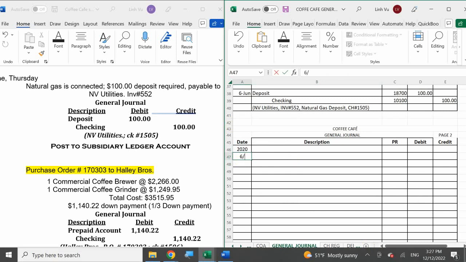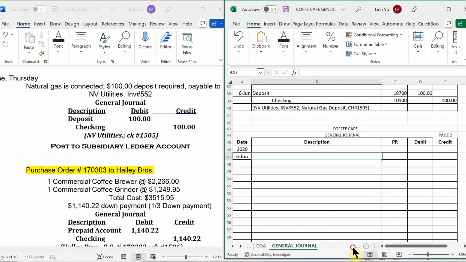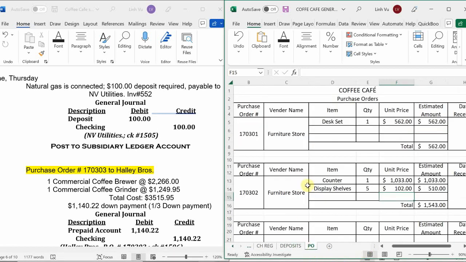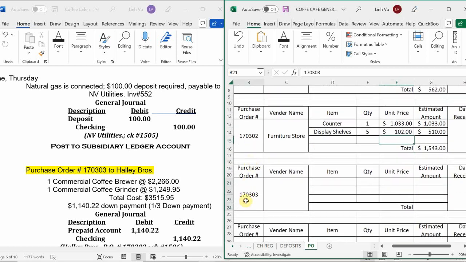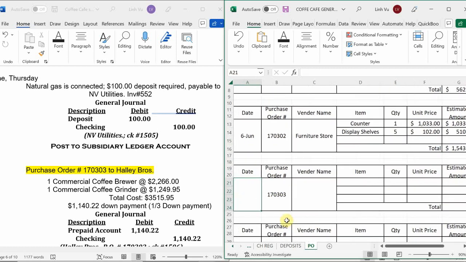So in this case, today is still the 6th, right? Now, it is up to you what you want to do first. You want to fulfill the purchase order first and then fill in your journal. I think that would be definitely recommended so you have all the information in there all ready to go. So in this case, we're looking at purchase order number 17303.